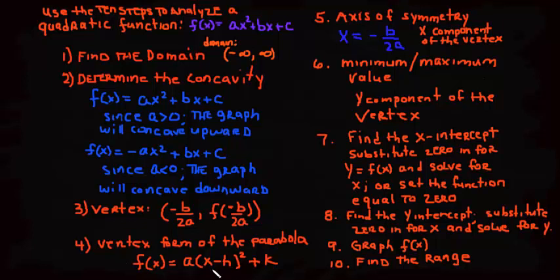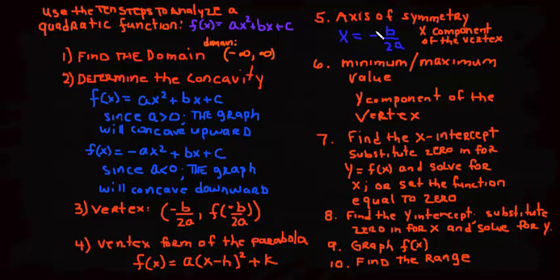So that'll be plugged in here to give us the vertex form of the parabola, which also is known as the transformational form of the quadratic function, because this will make it much easier to graph using the horizontal transformation. And of course, here, this will be the vertical transformation.